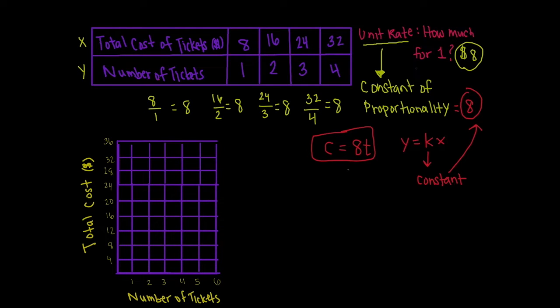Let's say our number of tickets was 2 tickets: 8 times 2 tickets would give us 16. That's the ratio that we have right here, so that proves that equation to be true for this relationship. If we're given a table, this is one way to tell if the data in the table is a proportional relationship: if it has the same constant. In this case, it had the same constant, so it is proportional.